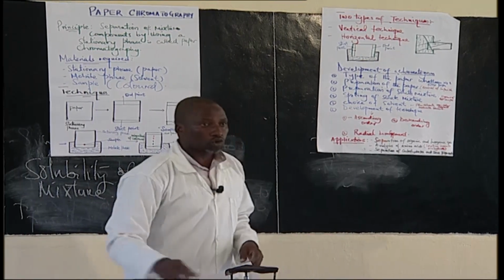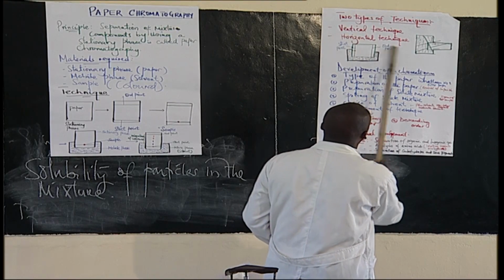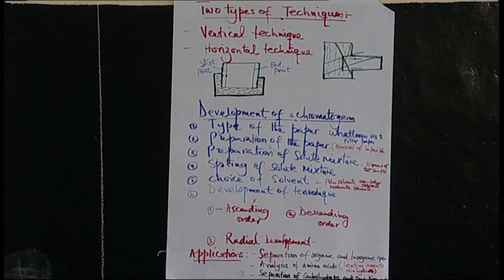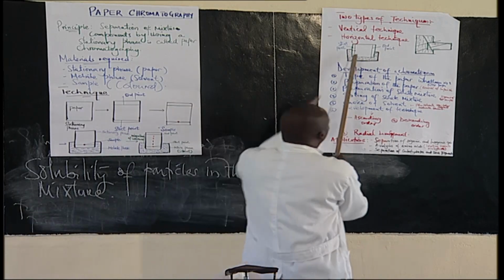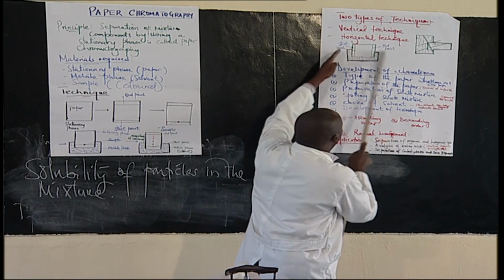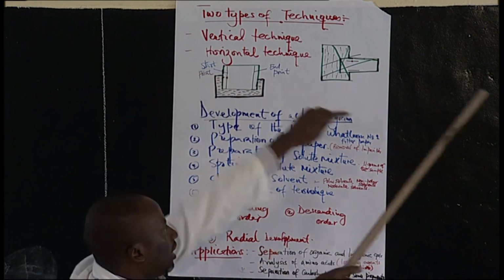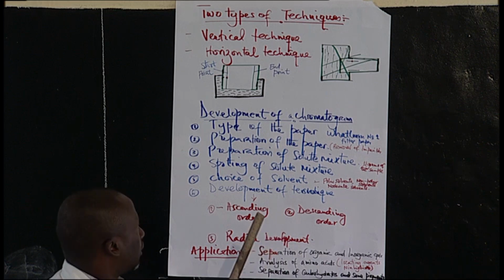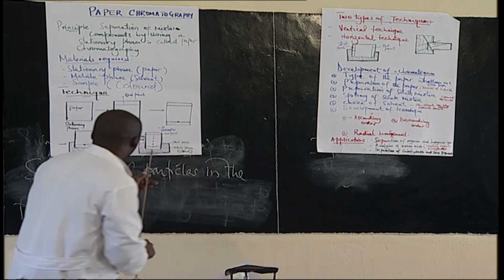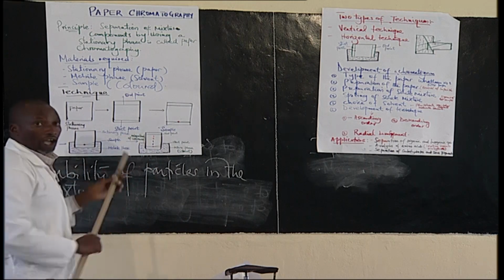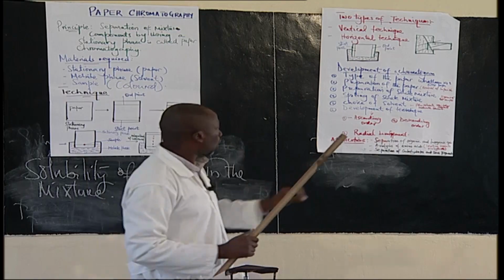So we have the horizontal technique and the vertical technique. The vertical technique is this one, which was moving. So the horizontal technique is this one, whereby you have the sample here, so it will be moving in a horizontal direction. So this is that paper, the whole of this paper, after separation, is what we call a chromatogram.